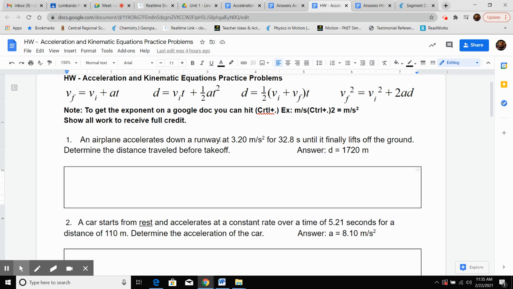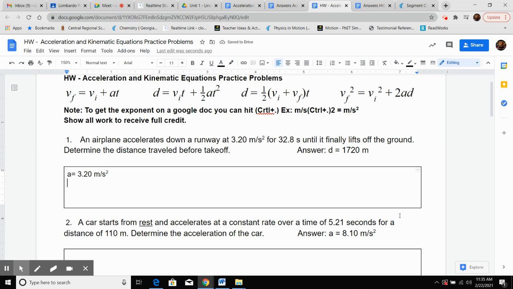So an airplane accelerates down a runway at an acceleration of 3.20 meters per second squared for 32.8 seconds until it's finally off the ground. Determine the distance traveled before takeoff. Okay, so what am I given? Right off the bat, I'm given an acceleration of 3.20 meters per second squared.